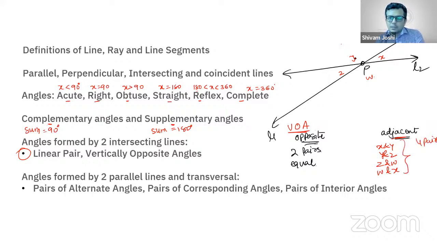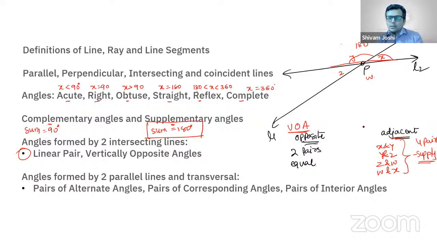Now look at X and Y. When you combine X and Y, they end up making a straight line, and whenever there is a straight line, the angle on the straight line is 180 degrees. So you can say that X and Y are supplementary to each other, because when angles are supplementary, the summation has to be 180.